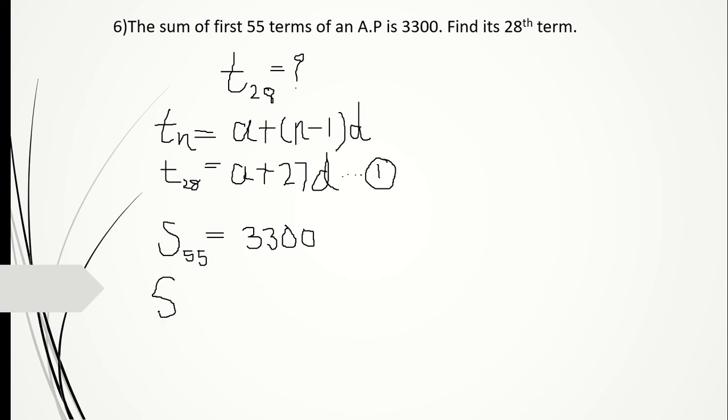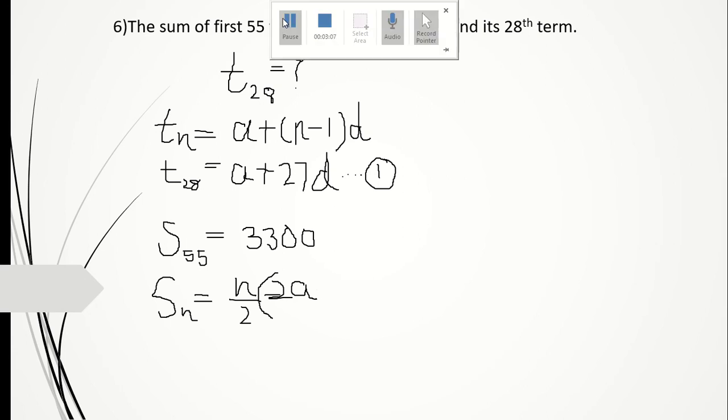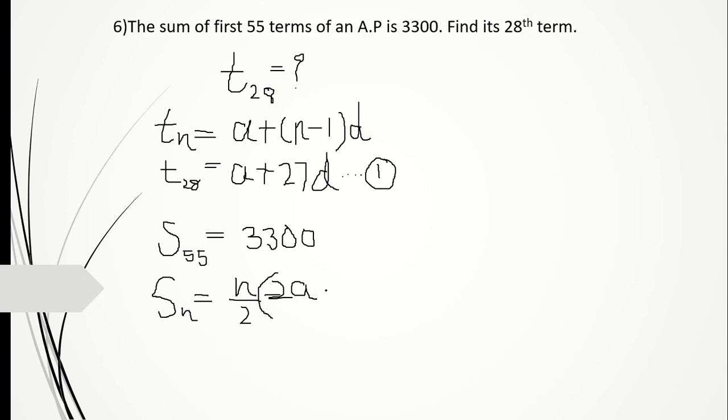Now just write down the Sn formula, the sum of the first n terms: n by 2 in the bracket 2a plus (n minus 1) d.